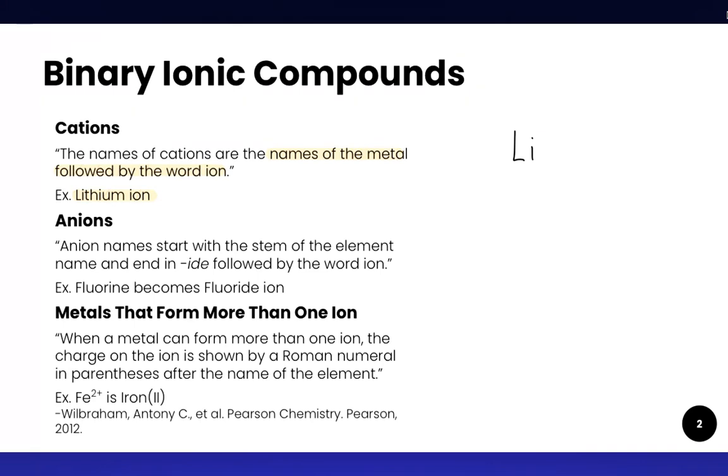For an anion, the naming rules are a little different. They start with the stem of the element name, and then they end in the suffix "ide", followed by the word ion. So fluorine becomes fluoride ion.